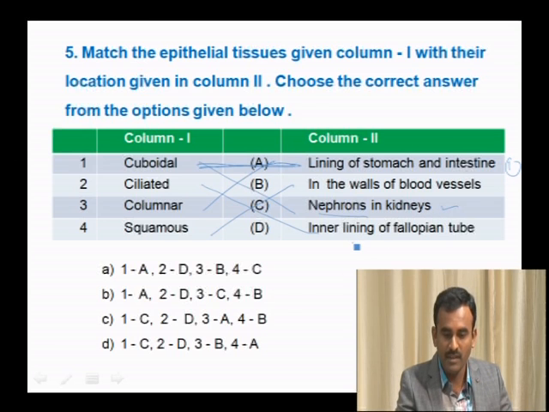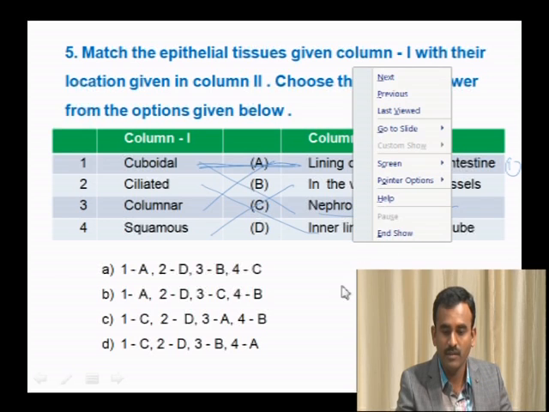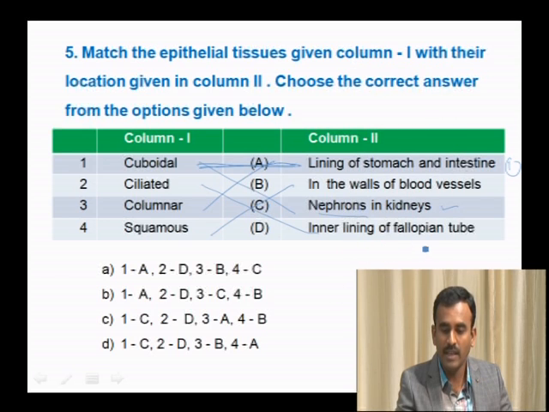Ciliated epithelial cells, inner lining of fallopian tube. Columnar epithelial cells, lining of stomach and intestine, and squamous epithelial cells in the inner wall of the blood vessels. So the answer is option C.